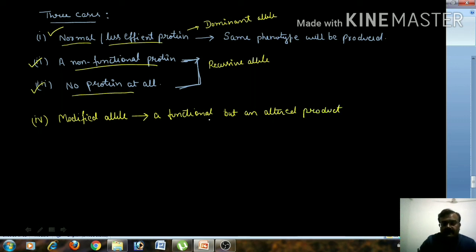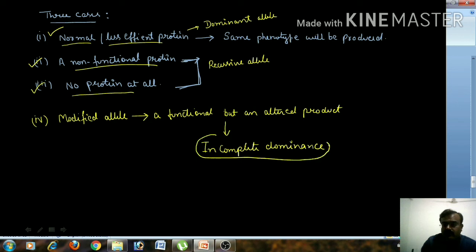It produces a functional product that is altered. In that case, this case will be treated as a case of incomplete dominance. Okay, it will be treated as a case of incomplete dominance.